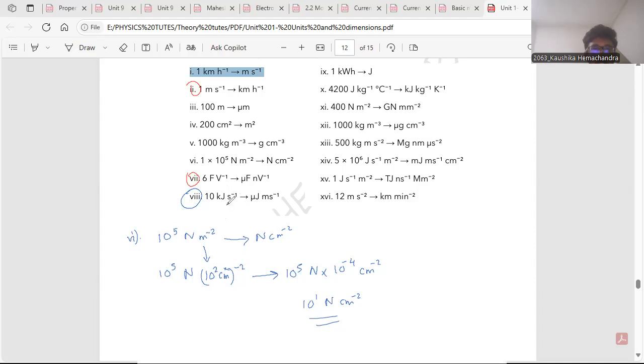So now kilojoule to microjoule. You can either do it in 2 steps or do it in 1 step. I'll show you how to do in both ways. Second to, not meters per second, sorry.